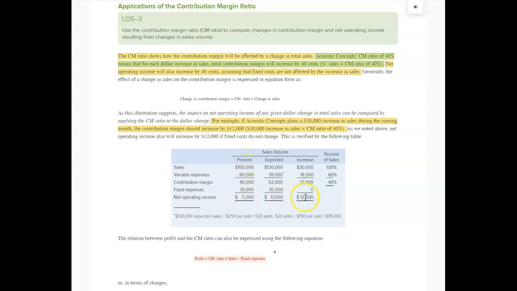So that's where we get the $12,000. So once we have this information, we can do it a quick way to save a lot of time, or the long way. Current, the new situation, the difference, to find the same answer.